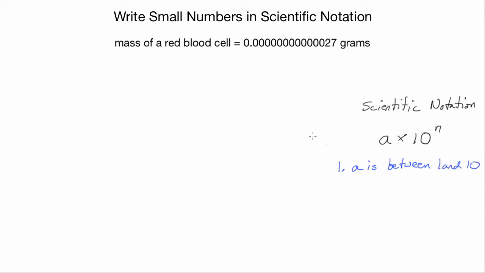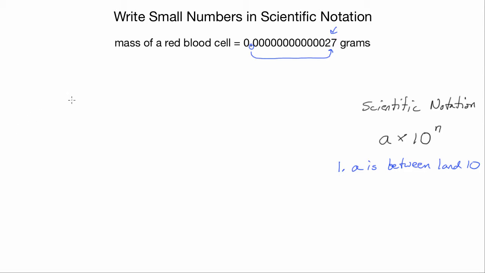If I look at my example here, for my value of a, I look for the significant digits, so this 27 part right here, and I need to move the decimal to turn the significant digit part into a number between 1 and 10. So the decimal is right here to start off with. I'm going to move it up right behind the 2.